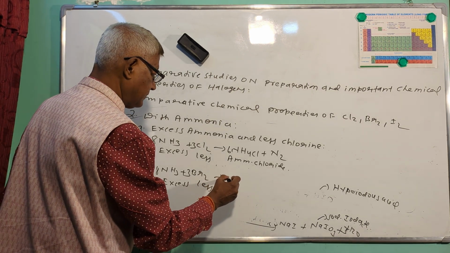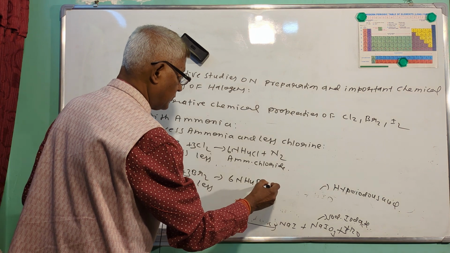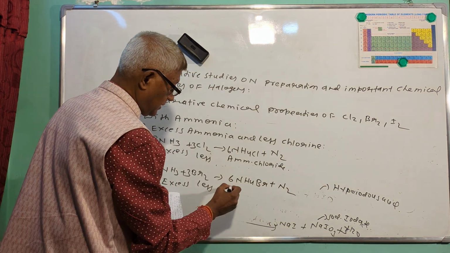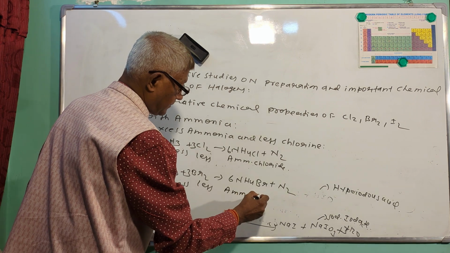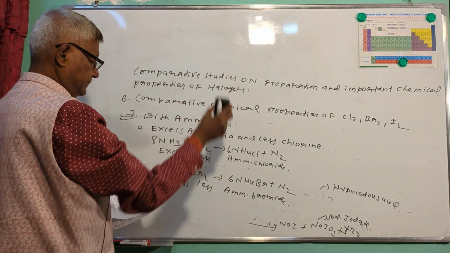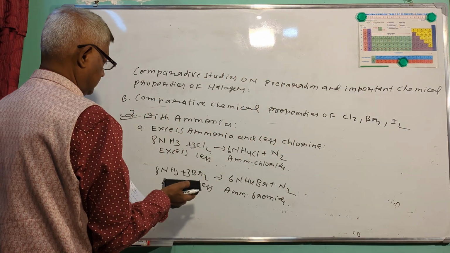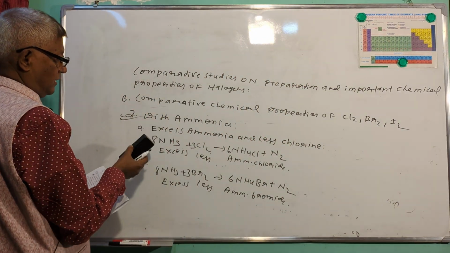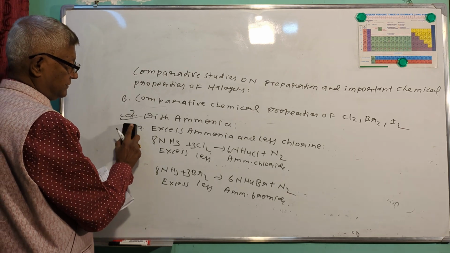So what do we have? 6 ammonium bromide plus nitrogen. Yes, so that is with ammonia, the A condition, excess ammonia.